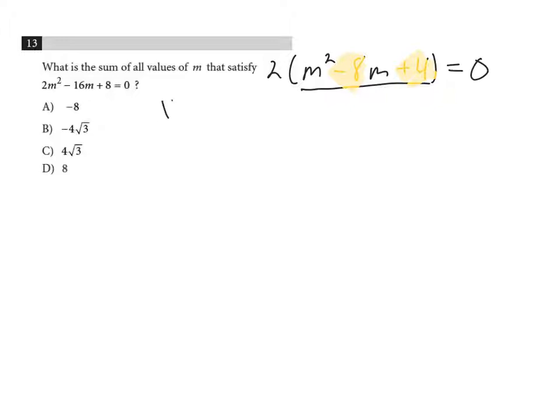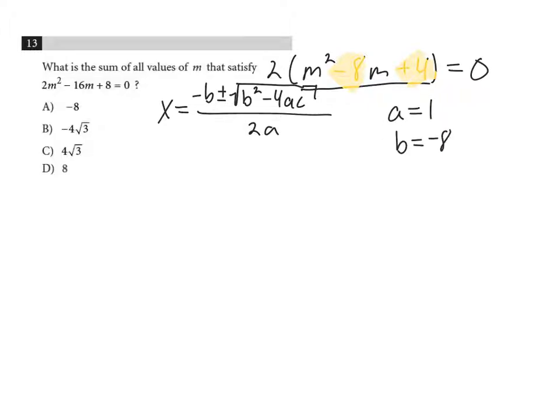I'm just going to write it out right here. X equals -b plus minus the square root of b squared minus 4ac all over 2a. Okay, well, we just need to identify our values here. A is 1, b equals -8, c equals 4.